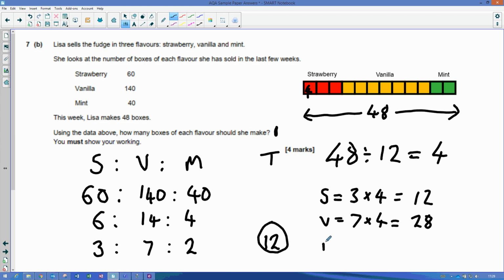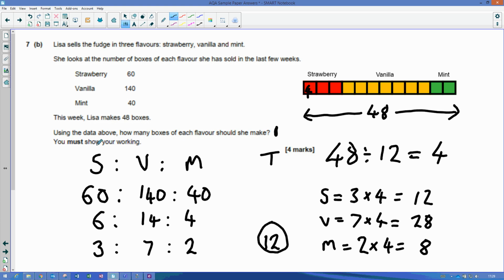And how many mint? 2 lots of 4. These numbers need to add up to 48 in total, or I've done something wrong. 12 plus 28 is 40, and another 8 is 48. So that looks like it works out.